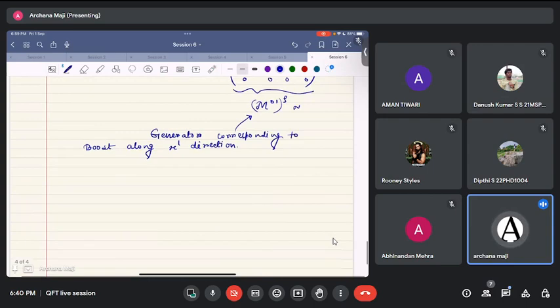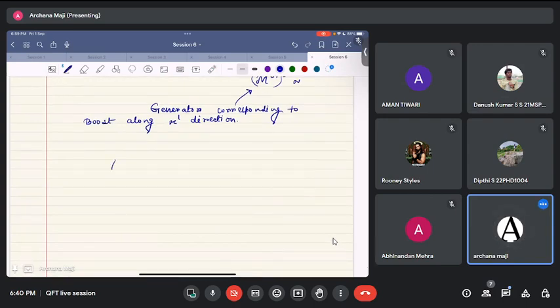So the finite Lorentz transformation lambda rho sigma will be the exponential of minus i over 2 omega mu nu M mu nu.